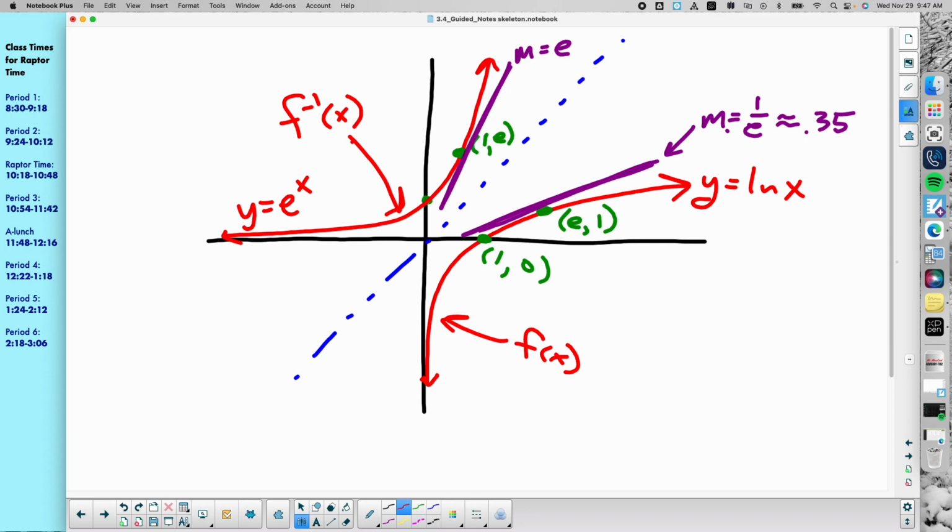If we are asked to find f inverse prime of 1, this is asking you to find the slope of the inverse at x equals 1.